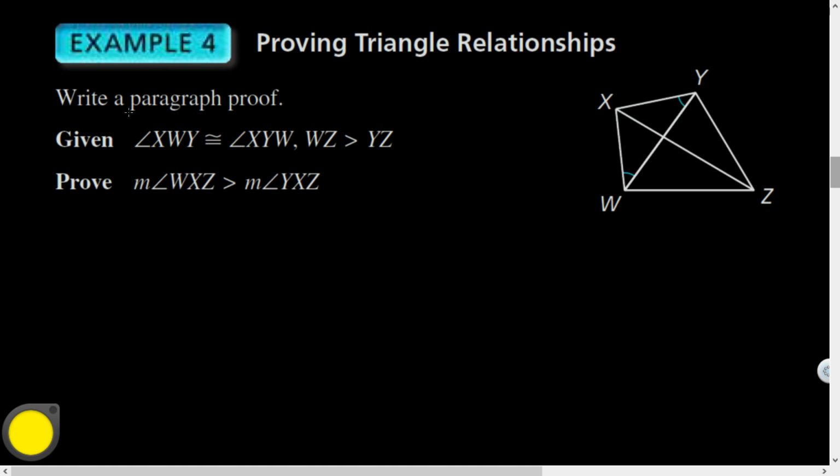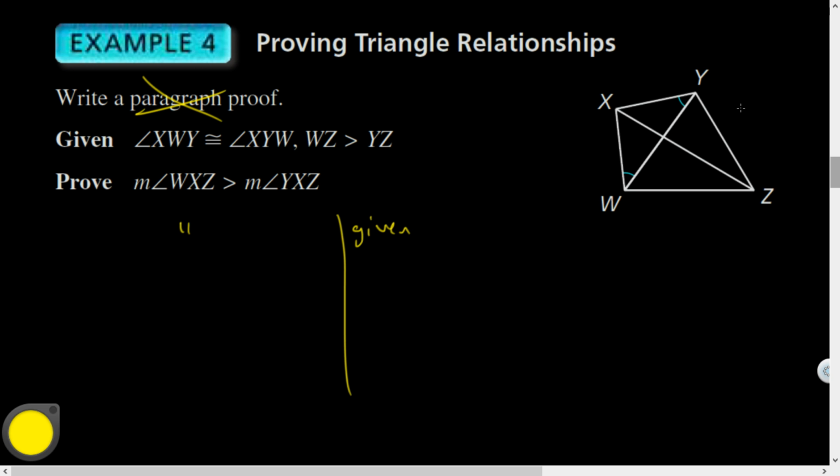All right, here we go. I don't think we'll do a paragraph proof. All right, so guys, let's check this out. Givens: angle XWY is congruent to angle XYW, and we're assuming that WZ is bigger than YZ.